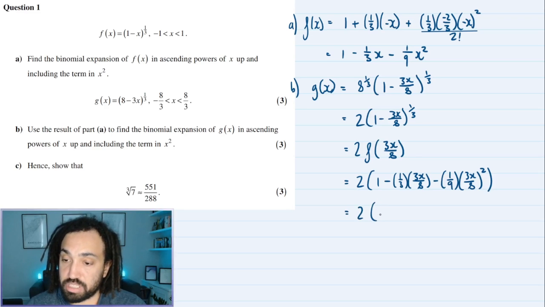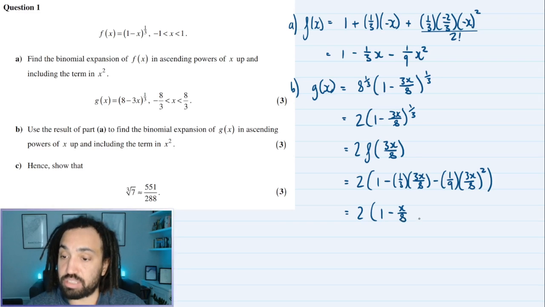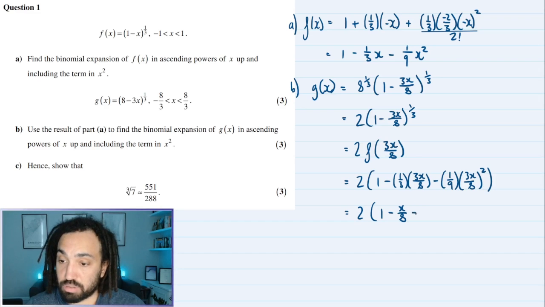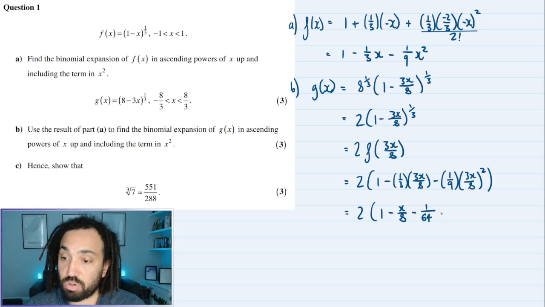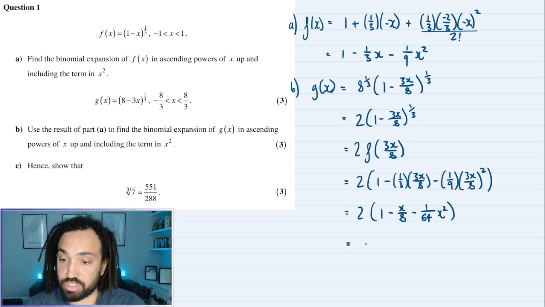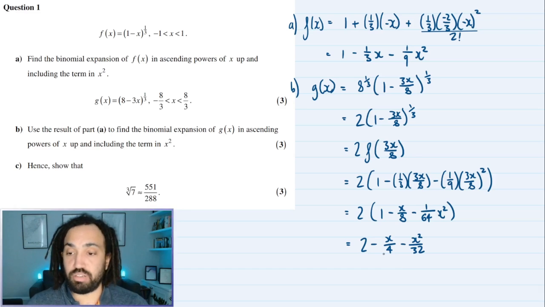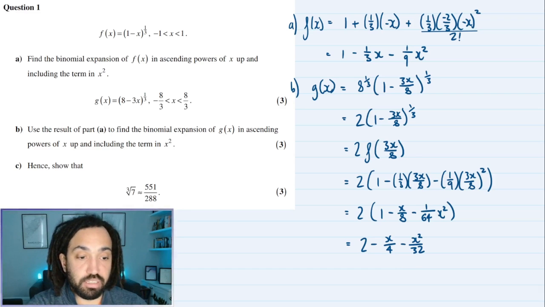Okay, so this is 1, the 3's will cancel, so that's minus x over 8, and here we'll get 3 squared on top, which will cancel with the 9 on the bottom, and we'll have to square the 8 on the bottom as well, so that'll be 1 over 64 x squared. Okay, so times that through by 2, we get 2 minus x over 4, and that will be minus x squared over 32. Perfect. Okay, let me grab some more space and we'll do part C.